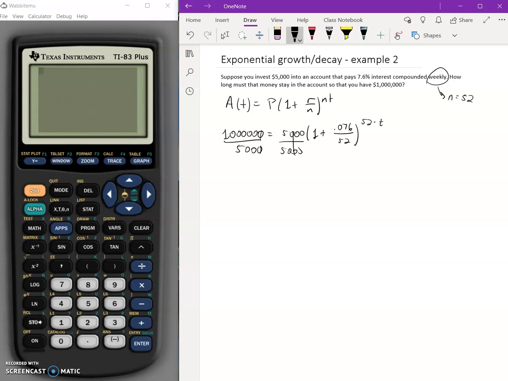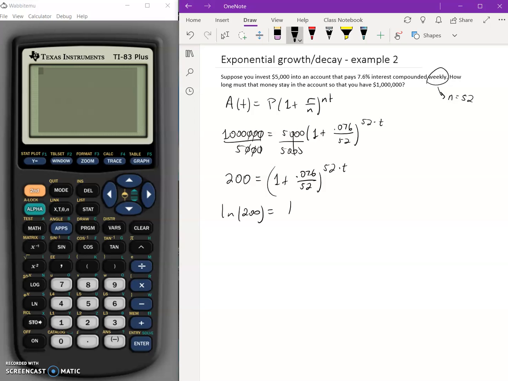So if we think about dividing this by 5,000, I cancel a whole bunch of zeros there. And so what this ends up becoming is 200 is equal to (1 plus 0.076 divided by 52) raised to the 52 times t. Now that I have the exponential part over on the right by itself, I take natural log of both sides.